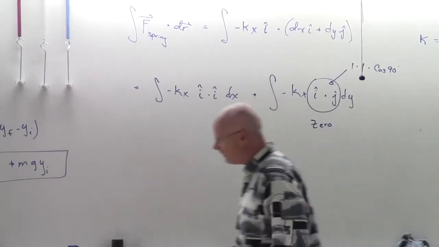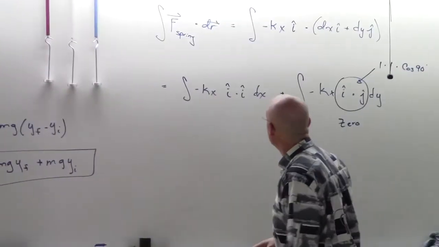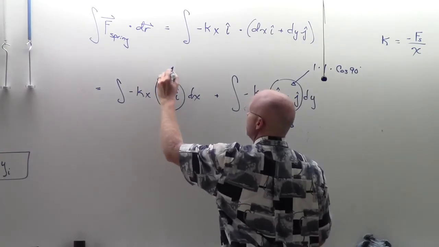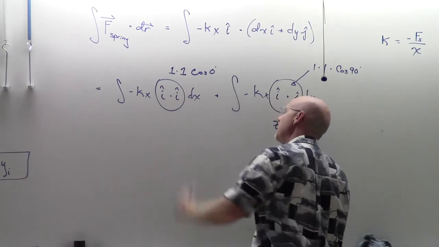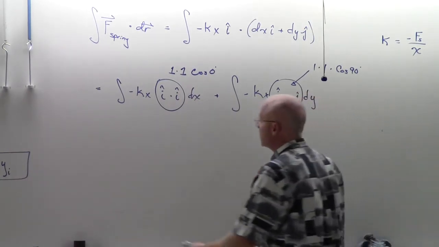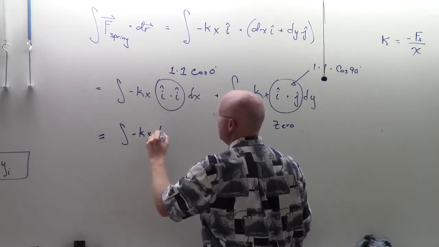So just like we saw for the force of gravity, there are components that matter. And this one's kind of nice because, again, just like last time, this would be the magnitude of the first times the magnitude of the second times the cosine of the angle between them. And cosine of 0 is 1. And so what I end up with is an integral of minus kx dx.